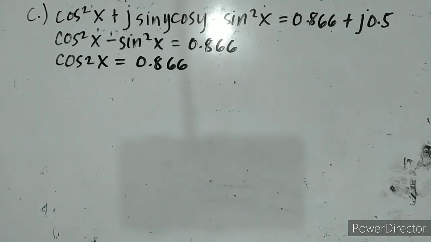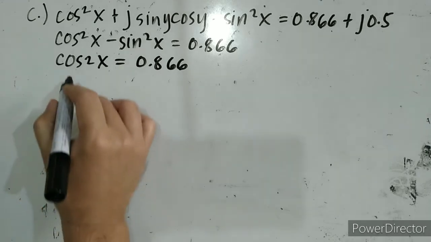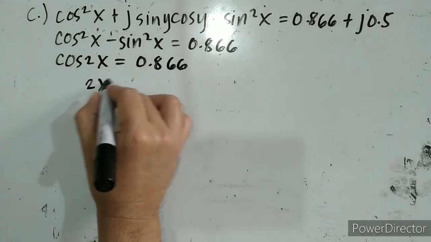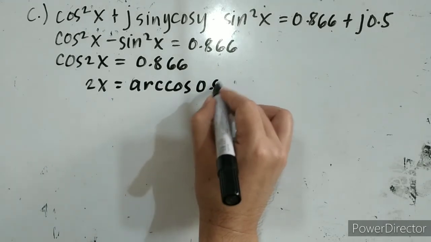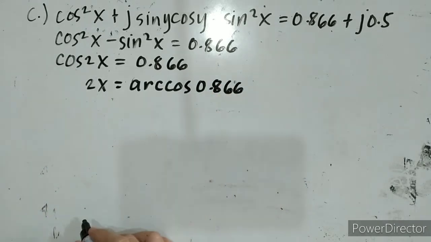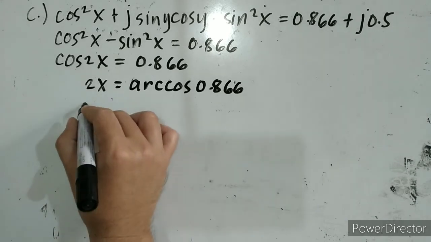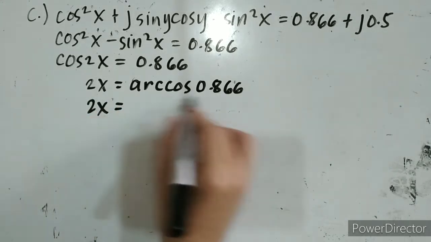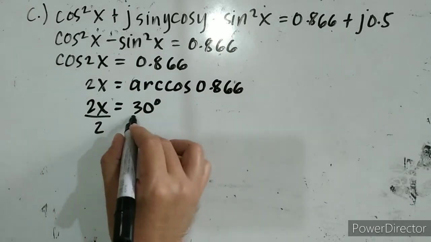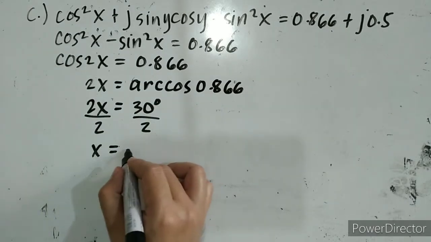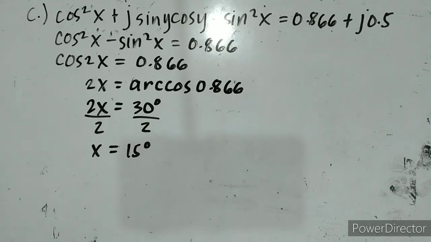And we have, therefore, 2x equals arc cosine of 0.866. That is, 2x is equal to 30 degrees using your calculators. Divided by 2, x is equal to 15 degrees.